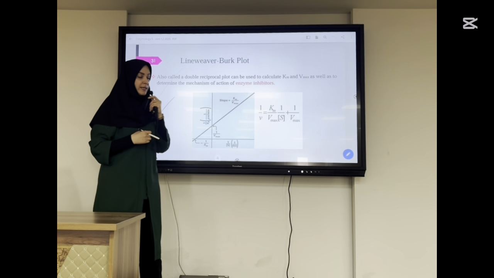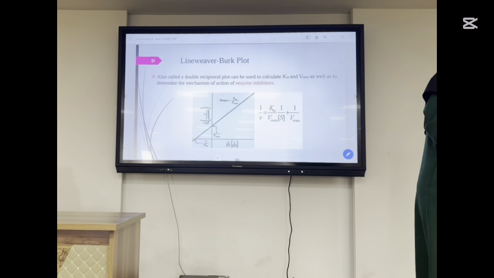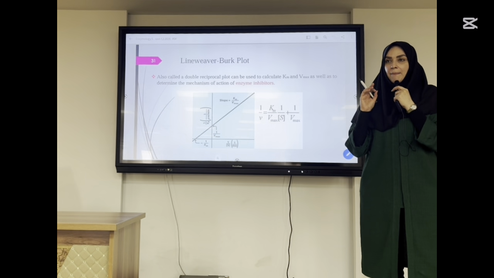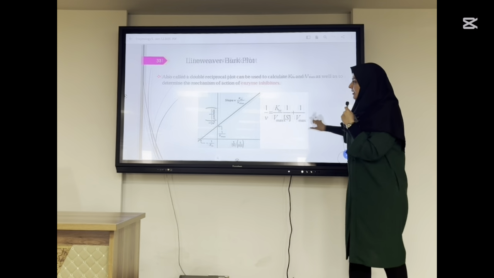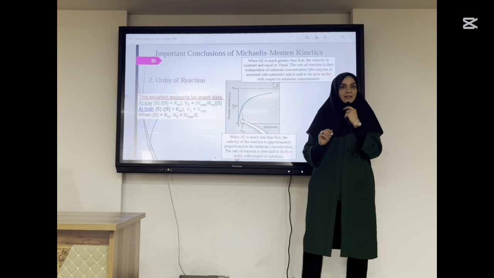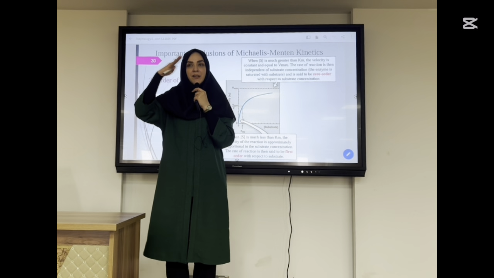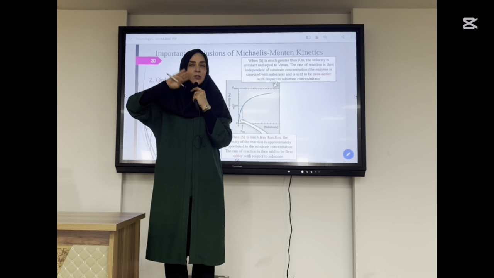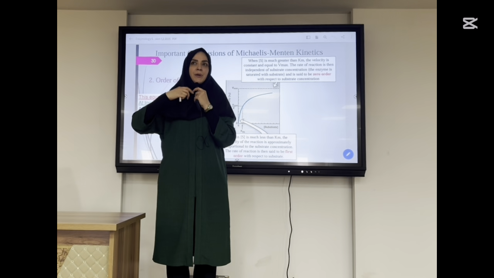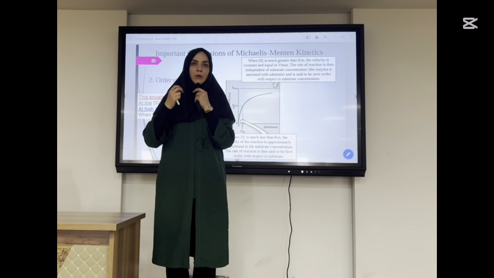And especially for inhibitors, it's better to determine the exact amount of Km and Vmax. But you should know that, according to the mathematical rule, curves do not represent exact values of, for example, Km or Vmax.